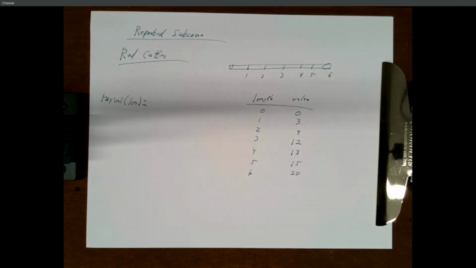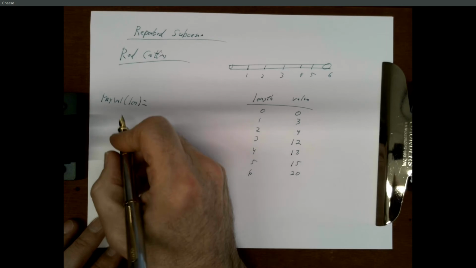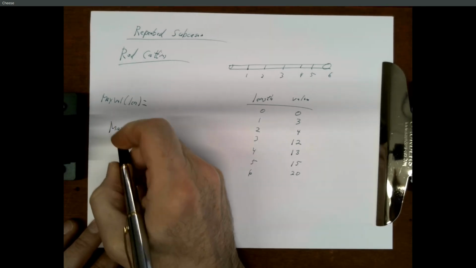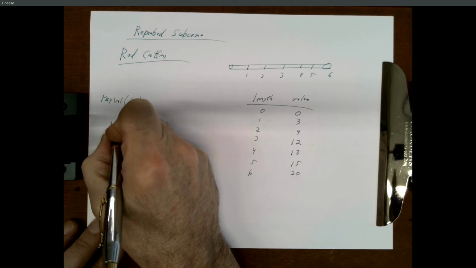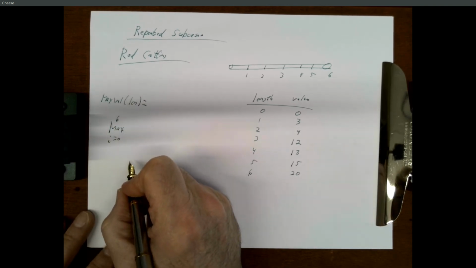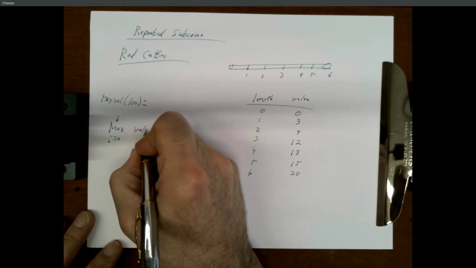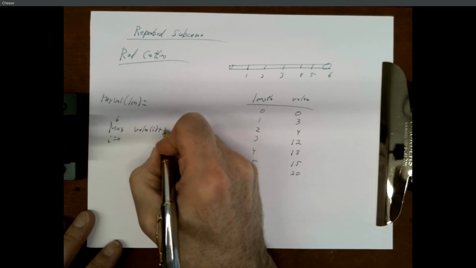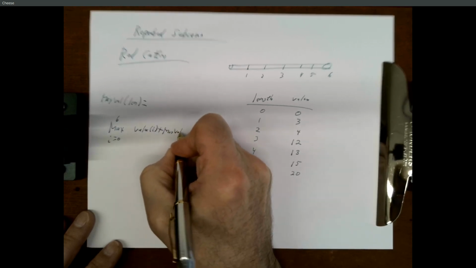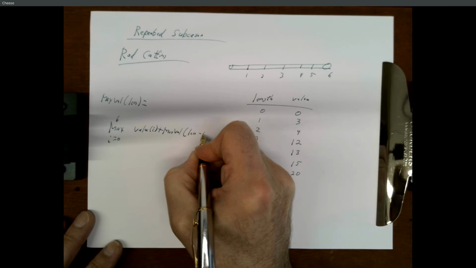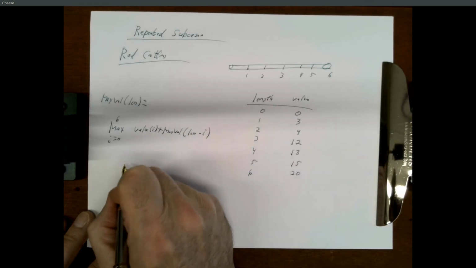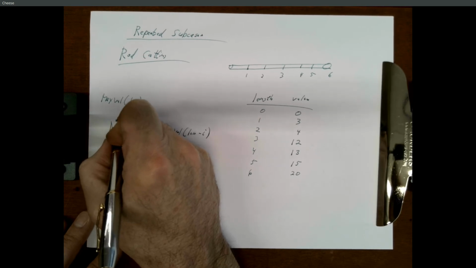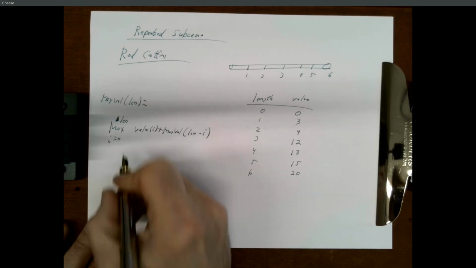And so the maximum value you can get from a rod of a given length equals the maximum, where i goes from 0 to maybe 5 or 6, of the value of i plus max val of length minus i, going up to the length.